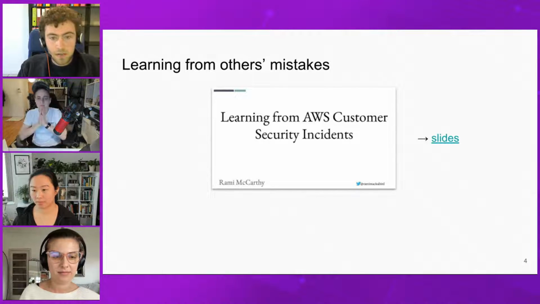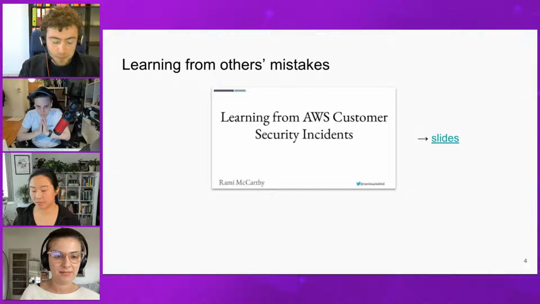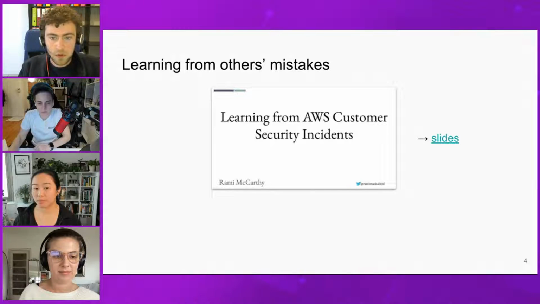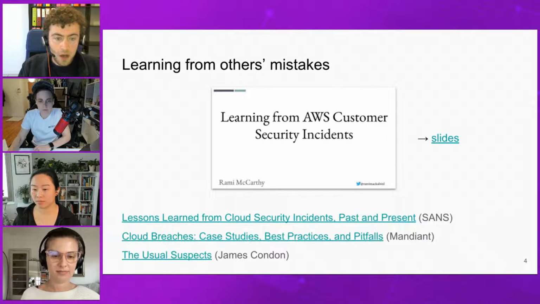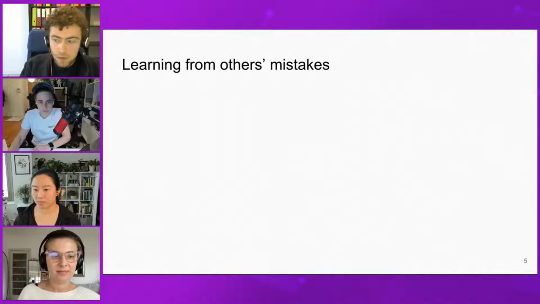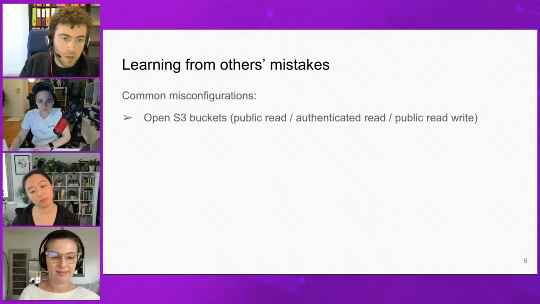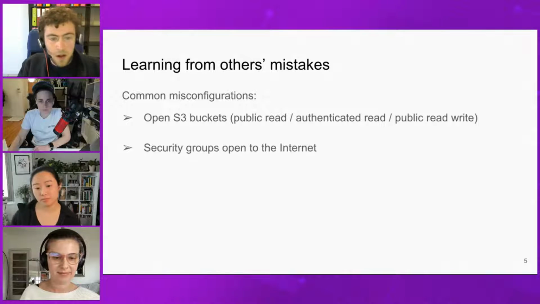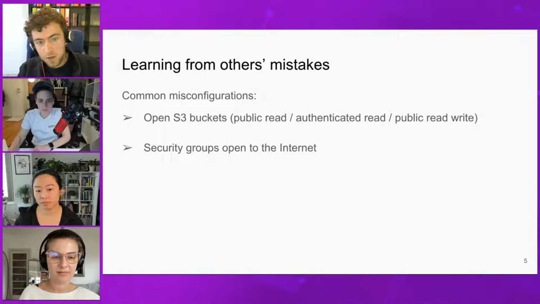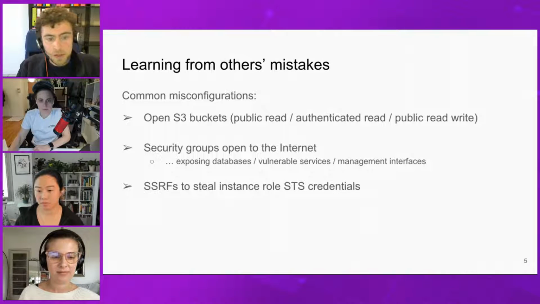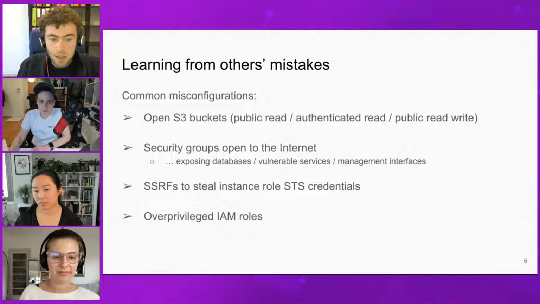So there is this very nice talk from Rami McCarthy, where he talks about a bunch of AWS-related incidents and why they occurred, with links to other resources as well. And if you go back to these resources, what we see is that obviously it's going to be a bunch of open S3 buckets, some security groups that are open to the internet, some server-side request forgery vulnerabilities that are leveraged to steal some instance credentials, and some overprivileged IAM roles.